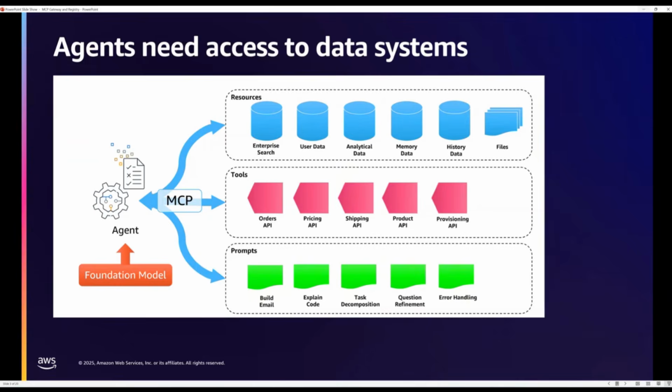Now, these integrations, prior to the Model Context Protocol coming into the picture, were bespoke custom integrations. An AI agent developer would have to write code to say, here is how you talk to my Postgres database, or here is how you call the weather.com API to get the weather at this location. What MCP has done is that regardless of what resource or data system the AI agent needs to talk to, it says, here is a standardized protocol.